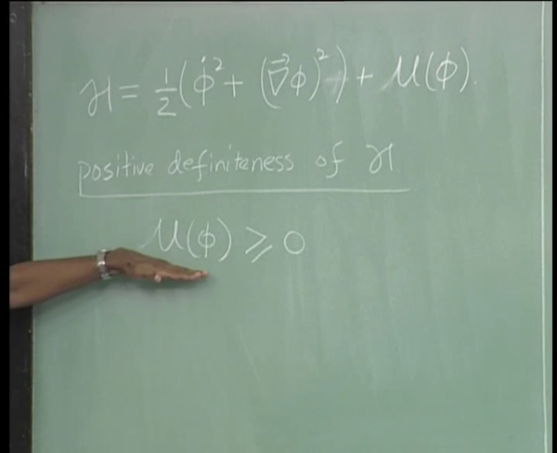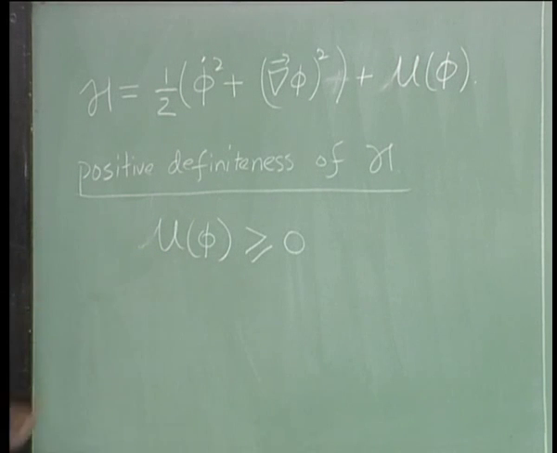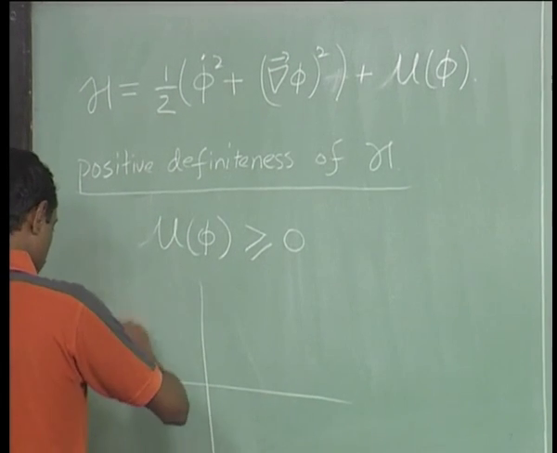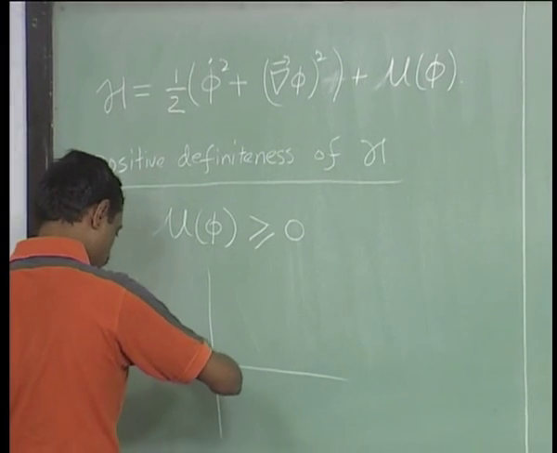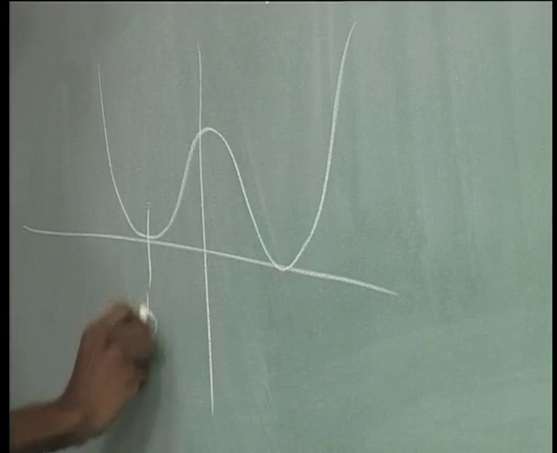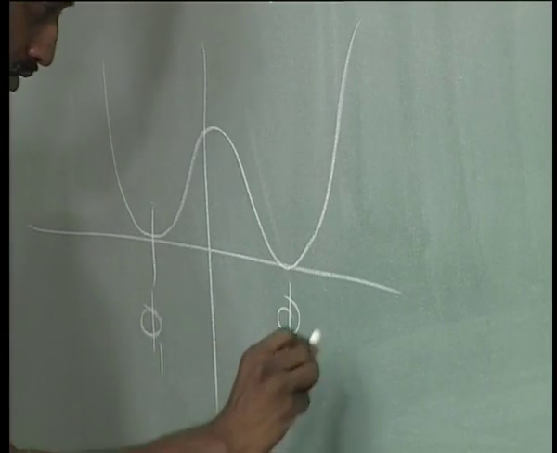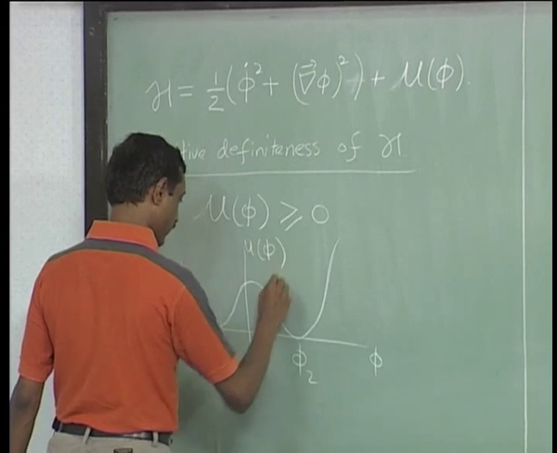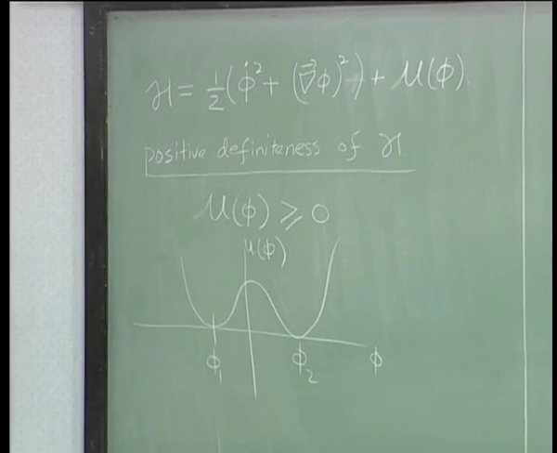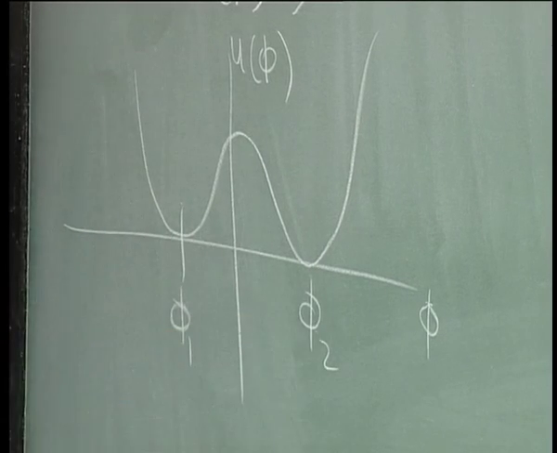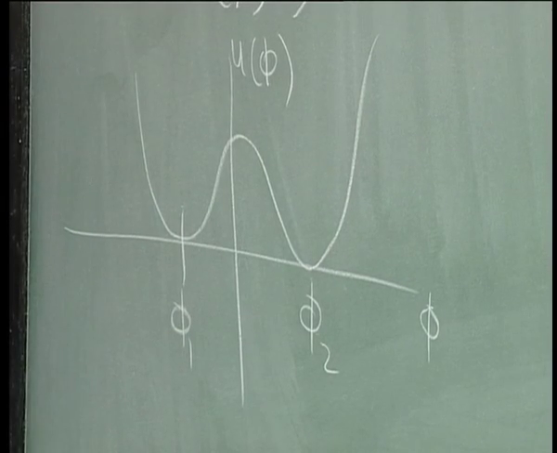Any potential which is bounded from below will satisfy this, and so let us consider a nice example of something like this. Suppose, so this is phi, u of phi. I am just choosing a very specific example where there are two values for which it achieves a minimum which is 0.